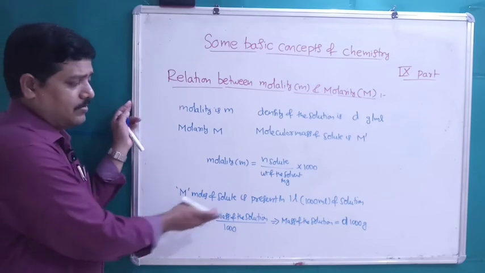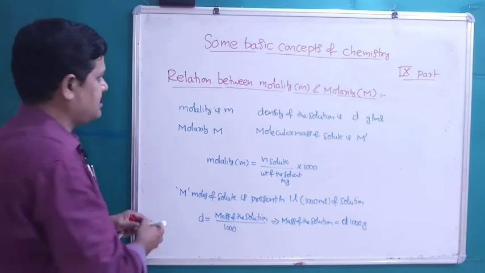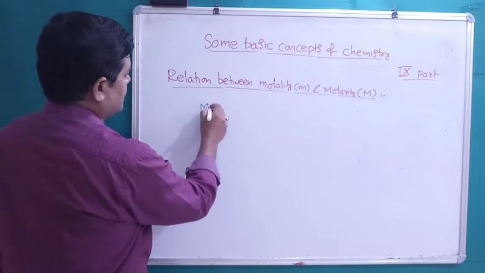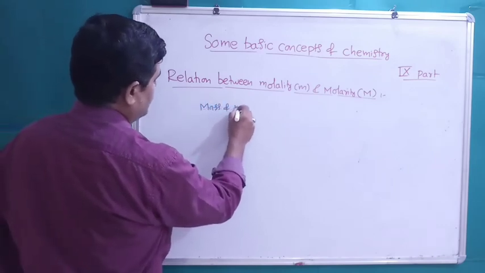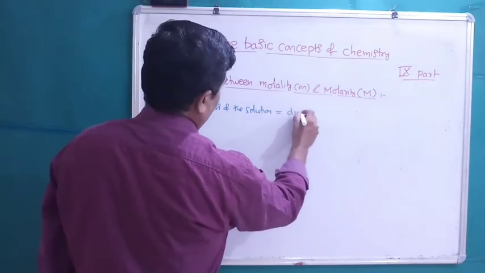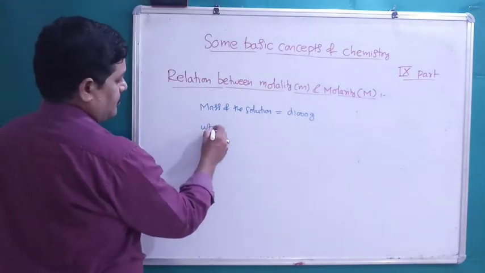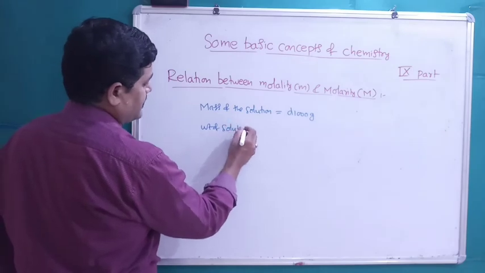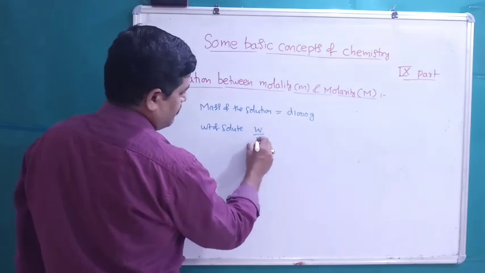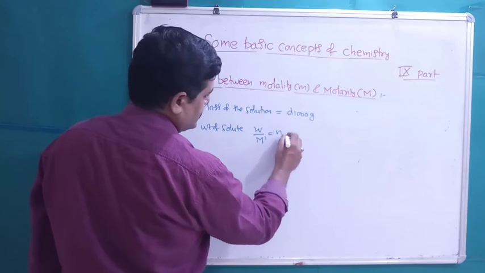But in the molality formula, the weight of the solvent is required. Okay, let us continue our discussion. Dear students, the mass of the solution is equal to D into 1000 grams we are getting, right? And for the solute, we can write weight of the solute divided by molecular weight of the solute is equal to the number of moles of the solute, right?